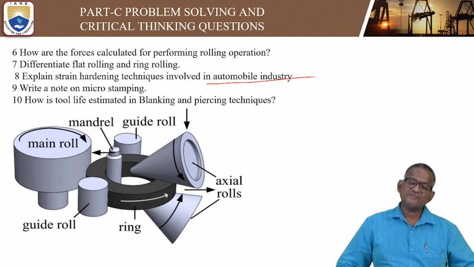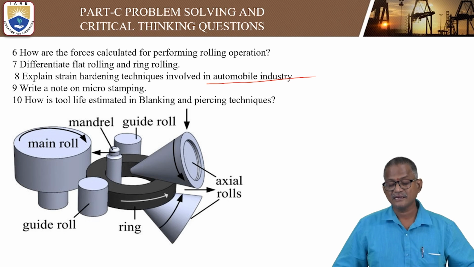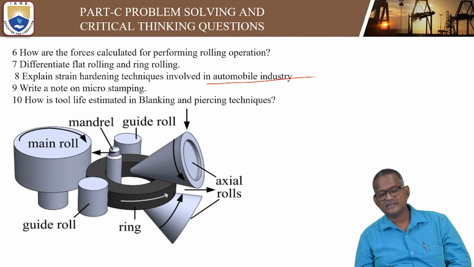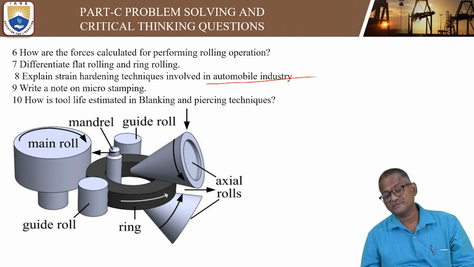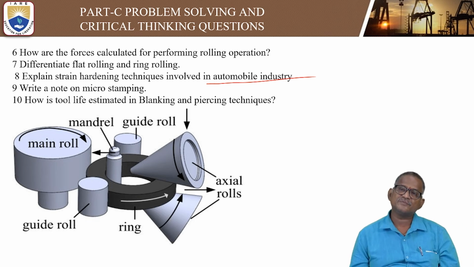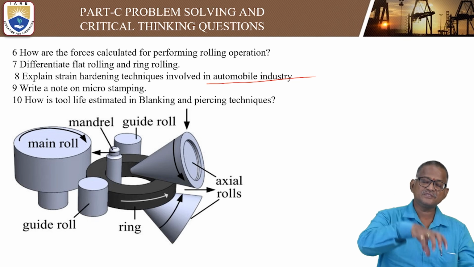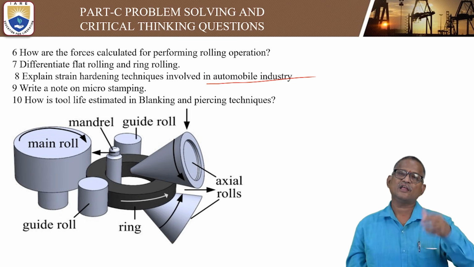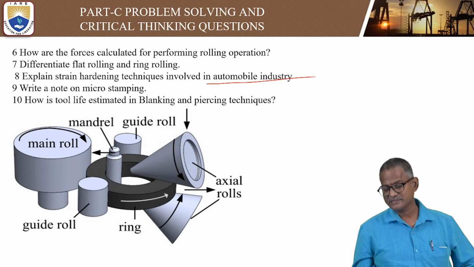Whenever the critical thinking questions are set, the student should clearly understand the diagrammatic representation, how to present it, and the importance of blanking and piercing. The punched out part is called blanking, and making the hollow portion is called piercing or punching.